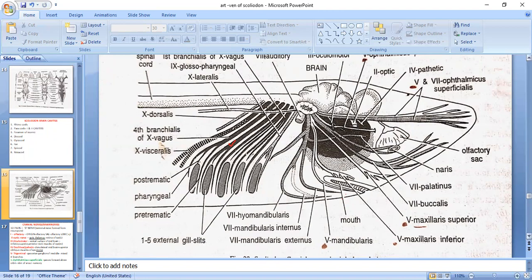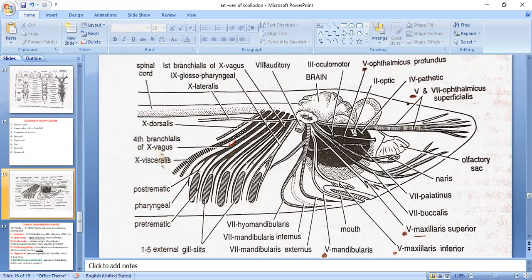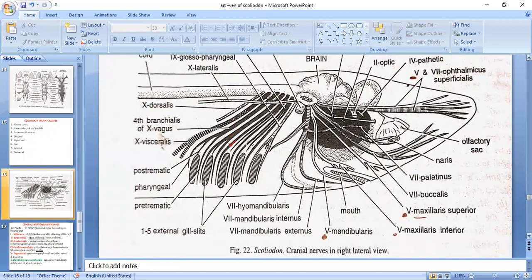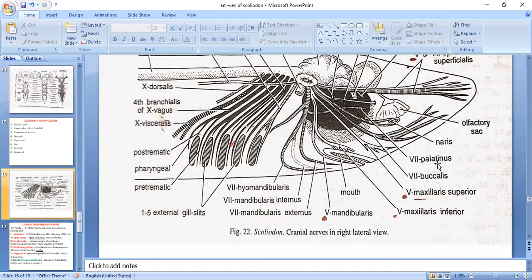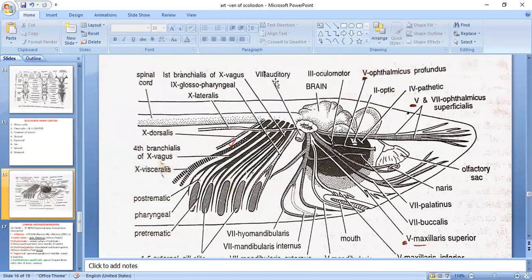So after palatinus, the seventh buccalis, this one. And then the seventh mandibularis, which contains three branches: seventh hyomandibularis, seventh internus, seventh externus. And the eighth one is for the auditory, for listening.